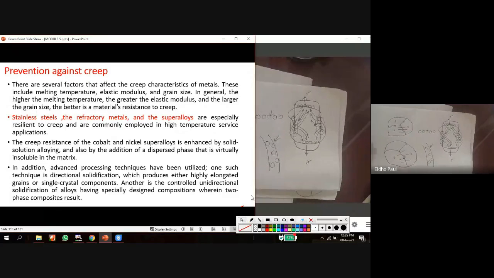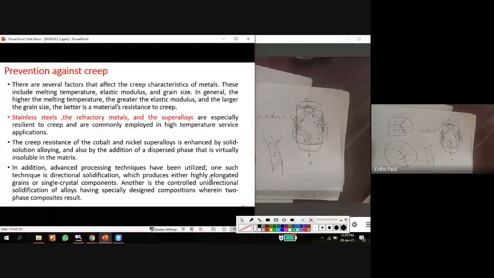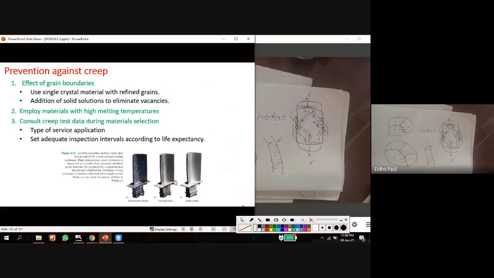Okay, and single crystal materials and highly elongated grain materials show very high creep resistance compared with polycrystalline material. In the case of these three turbine blades, this conventional cast turbine blade shows less creep resistance, while columnar grains show good creep resistance, and the single crystal also shows good creep resistance.